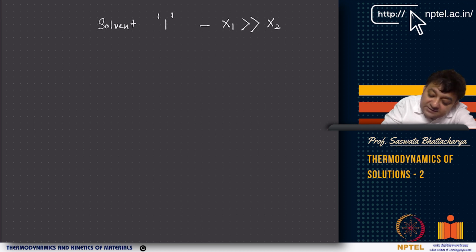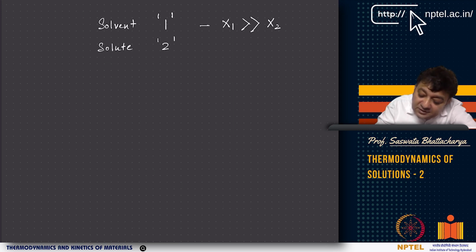This is a binary solution, and the solute is 2. X2 is so small that we do not consider it when I count.